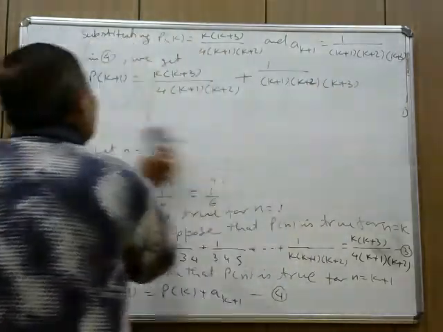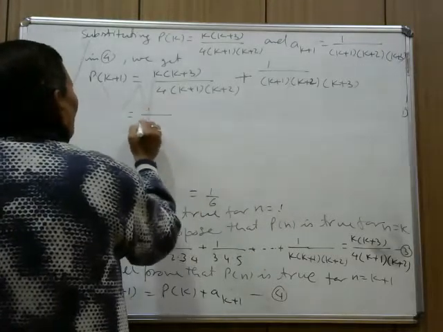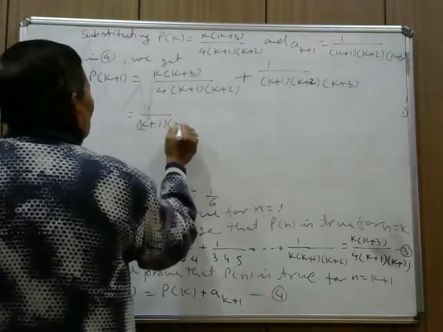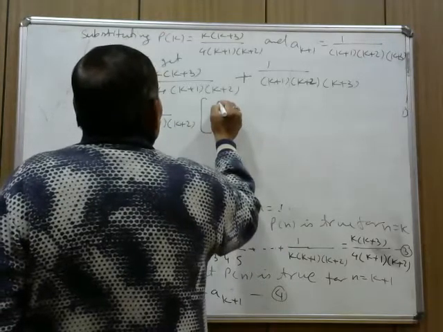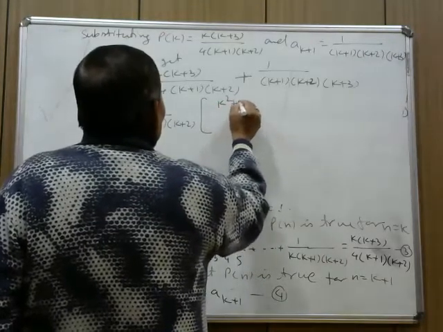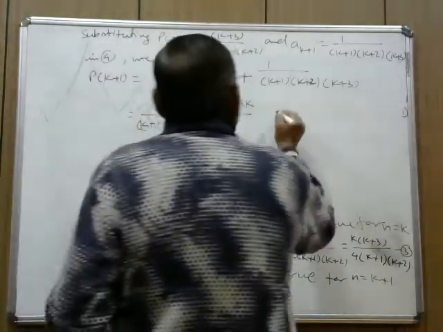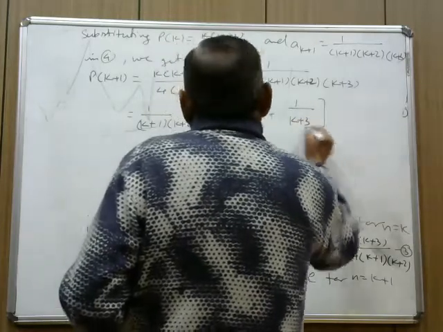Now solve this. By solving, you will get 1 upon k plus 1, k plus 2 common in bracket, k square plus 3k by 4 plus 1 upon k plus 3.